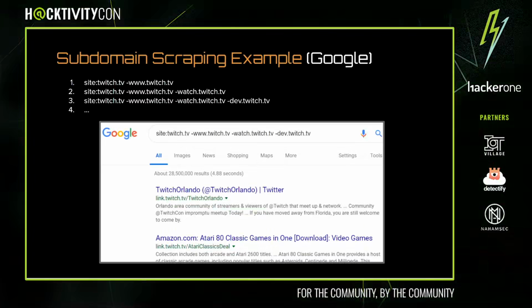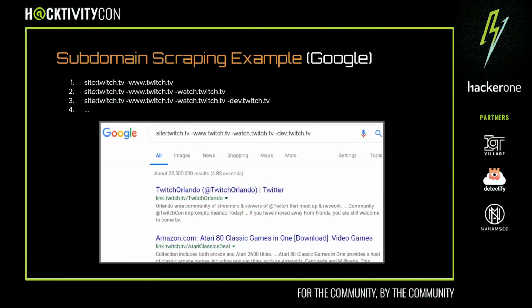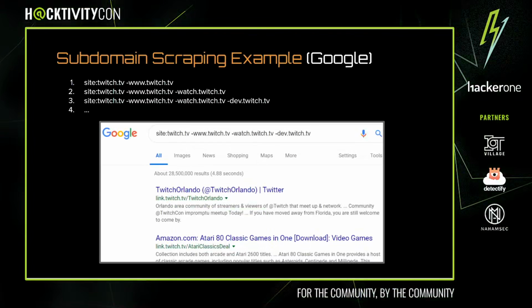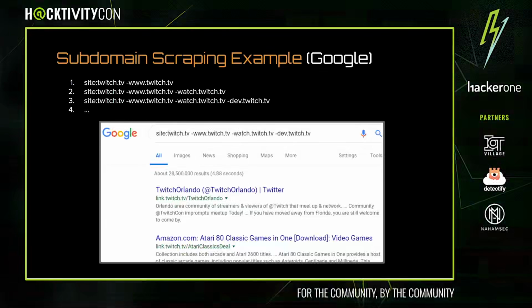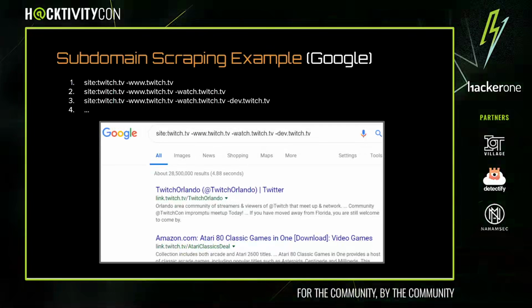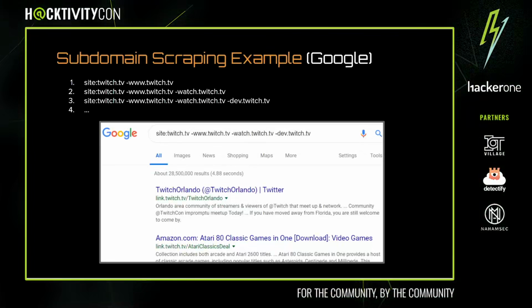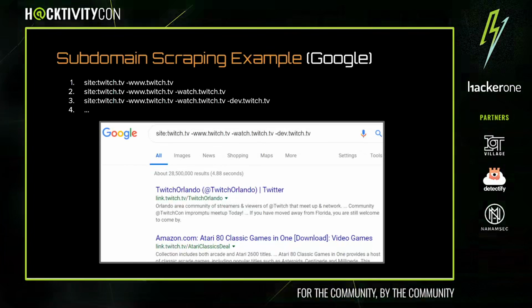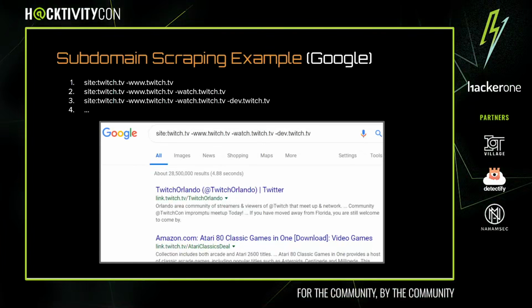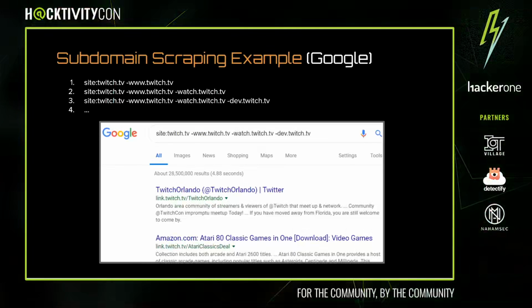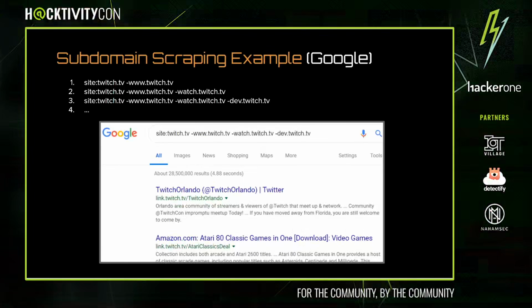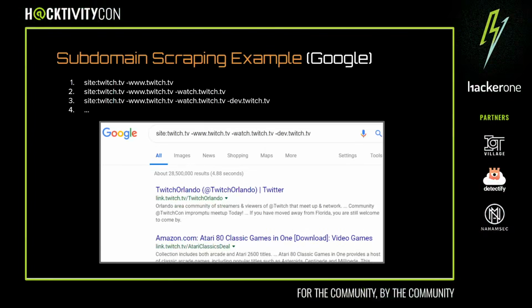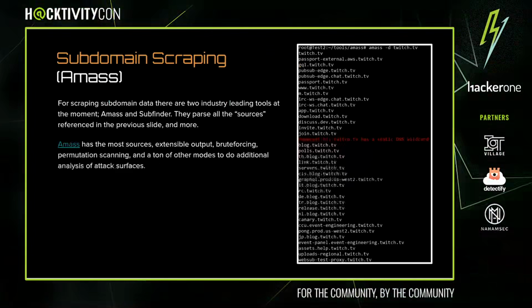So you'll start to see other subdomains like link.twitch.tv, and you're like, cool. In the results that you gave me now, I don't want to see watch.twitch.tv because I already know about that, or dev.twitch.tv, and you just keep on iteratively minusing these out and doing searches until there's nothing left. And now you've enumerated every subdomain that Google possibly knows about Twitch.tv. So this would be the manual way that you do subdomain scraping on a search engine.